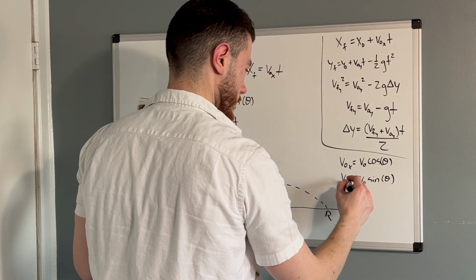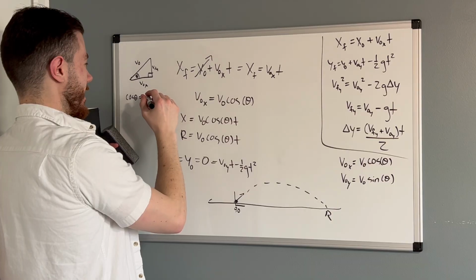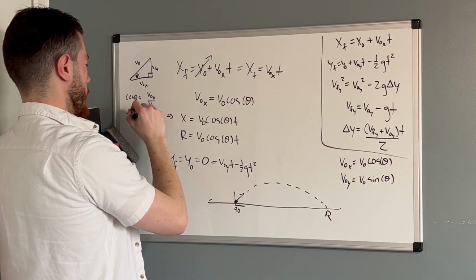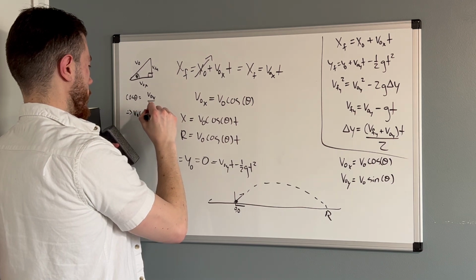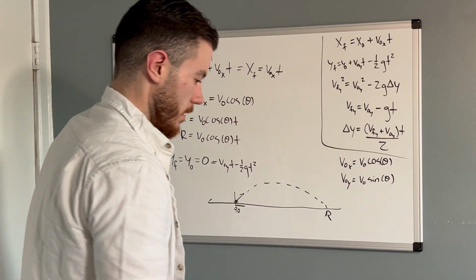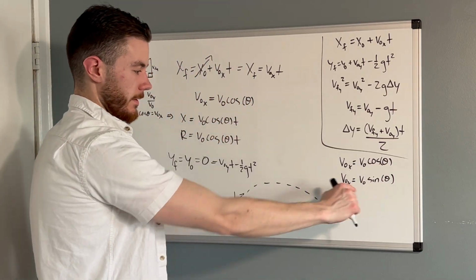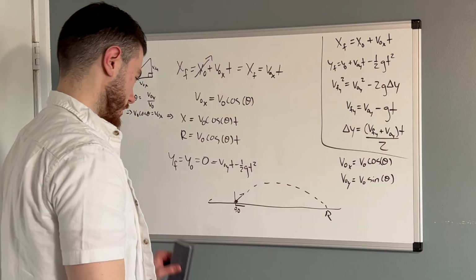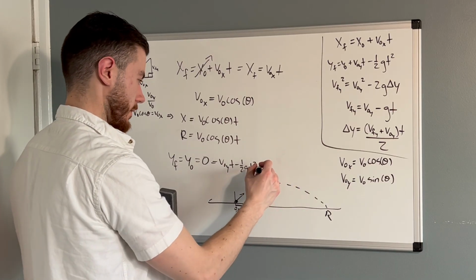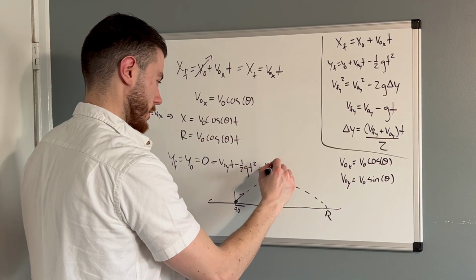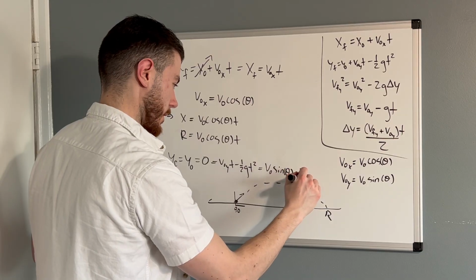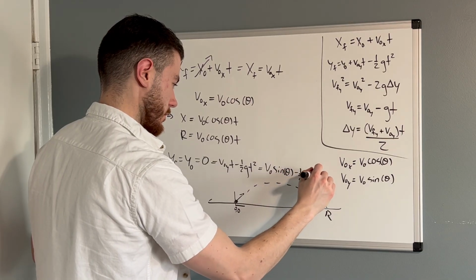Cosine theta is adjacent over hypotenuse, v naught x over v naught, cos theta equals v naught x. Yeah, so cosine goes with x, of course, and sine goes with y. So let us replace this v naught y with v naught sine theta. So this is v naught sine theta minus 1/2 g t squared.